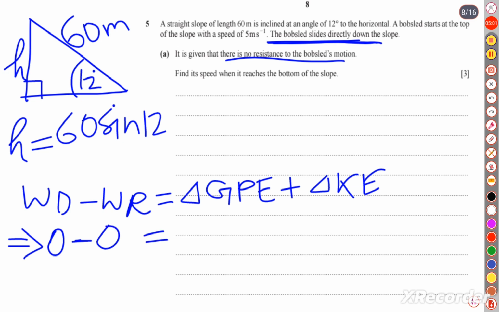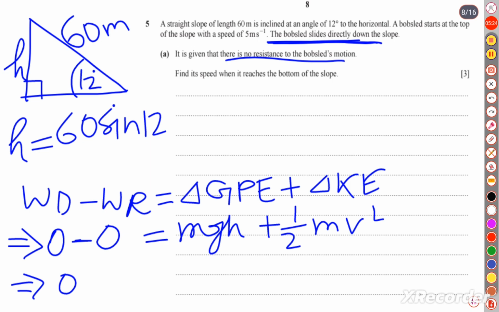Now change in GPE is given by the formula mgh, plus the change in kinetic energy, the formula for which is half mv squared. As the left side is 0, let it be written.